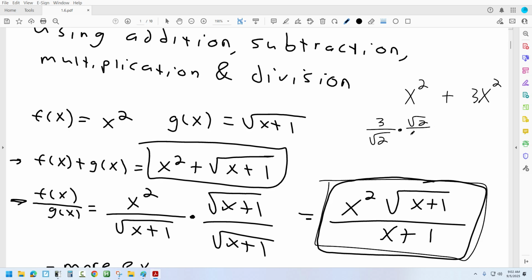And then can you tell me what you'd get for a final answer? Perfect. 3 square root 2 over 2. I just wanted to do a quick example again with that square root to make sure people know how to fix that. Any question on fixing a square root if it ends up in the bottom? Okay.